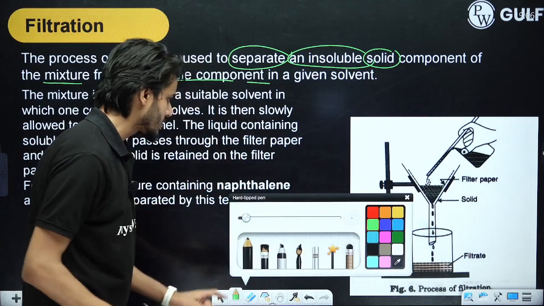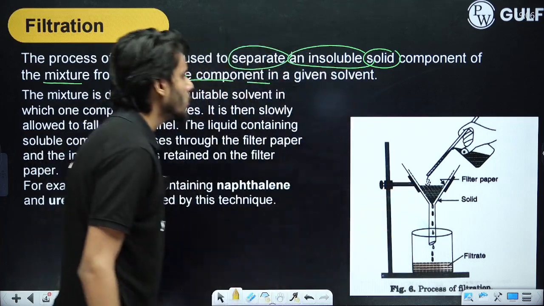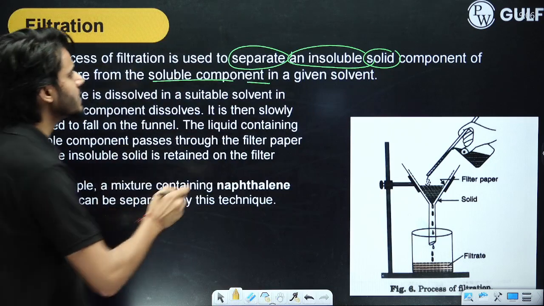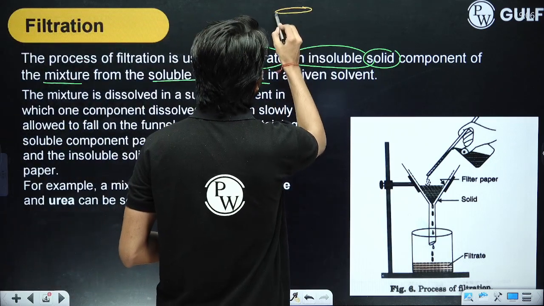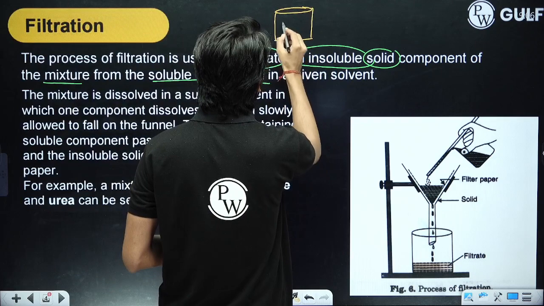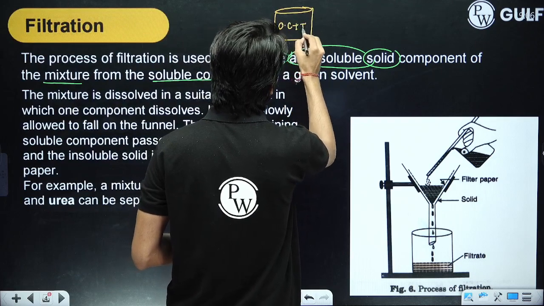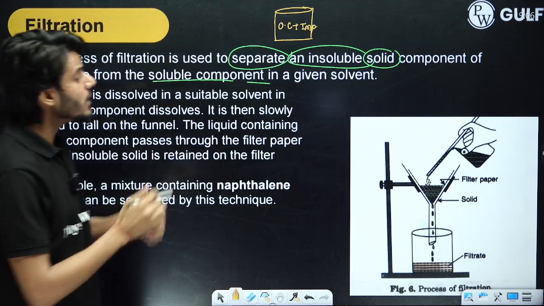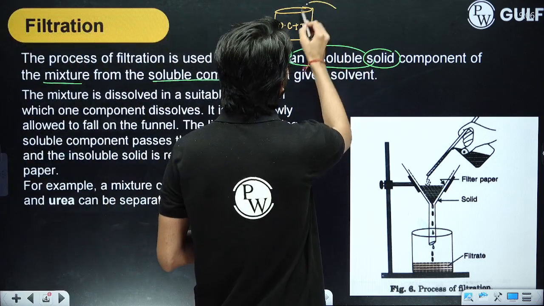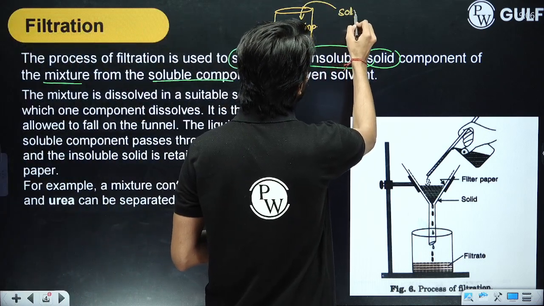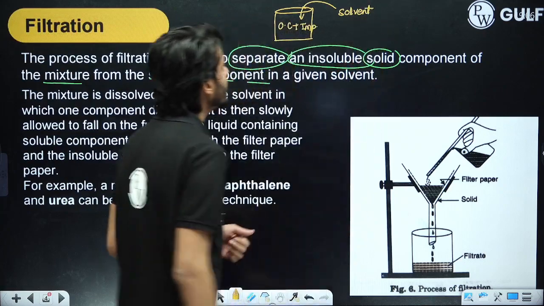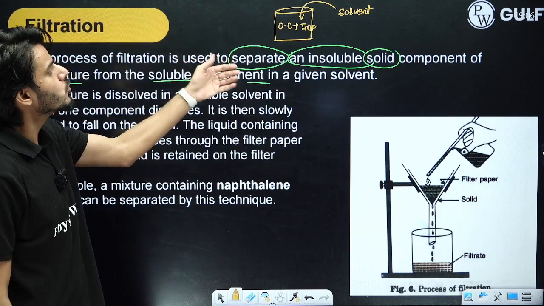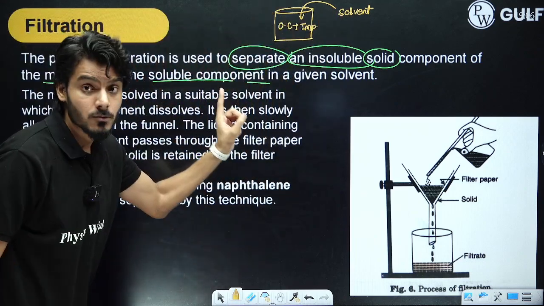Now let me tell you when we have to use filtration. Let's suppose you have a beaker in which you have your organic compound along with impurity. Now in this method you will add a solvent to it. Either the organic compound or the impurities are going to dissolve in this solvent, only one of them.